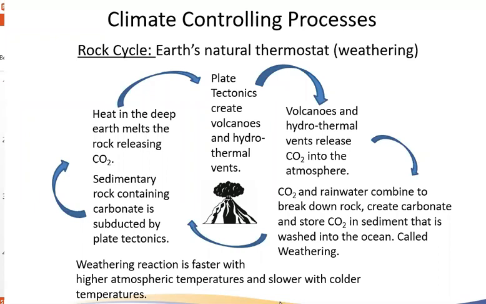Some sea life on the ocean floor also decomposes in an anaerobic process. And anaerobic just means without the presence of oxygen. Aerobic is in the presence of oxygen, anaerobic in the absence of oxygen. So it forms some very interesting compounds when it decomposes anaerobically. We call those natural gas and petroleum.